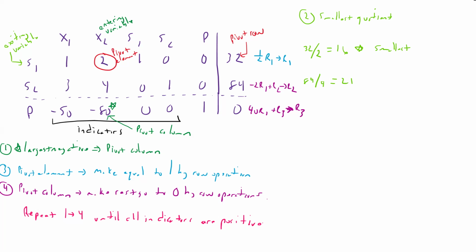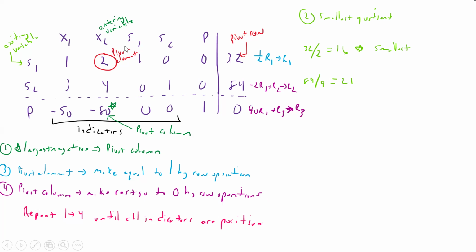We can do it piece by piece, or like I was doing, multiple things at one time. So if I do multiple things at one time, I can pivot the column and make everything else a 0. So I'm going to make a negative 2 times that plus that go to row 2, and then a 40 times that plus that go to row 3. So then I'm going to have a 1, a 0, and a 0, and whatever else happens out here is what happens.